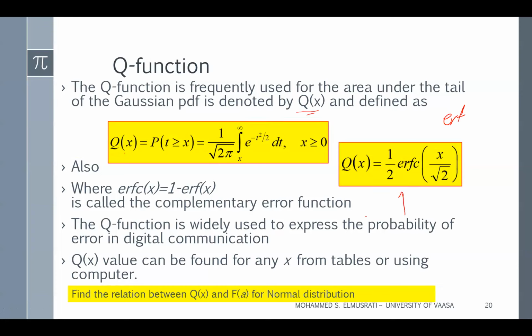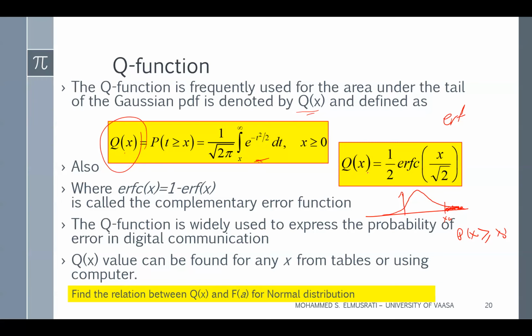It means that if we have this distribution, what is the probability that x is greater than or equal to x0, for example, where this is x0? This tail usually represents the probability of error in telecommunication. So the probability of error can be directly connected to Q of x, and due to that, the standard form that we use in telecommunication is not the error function but the Q function, as shown here.